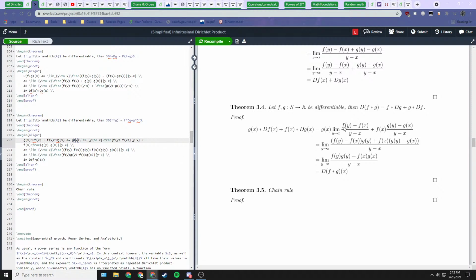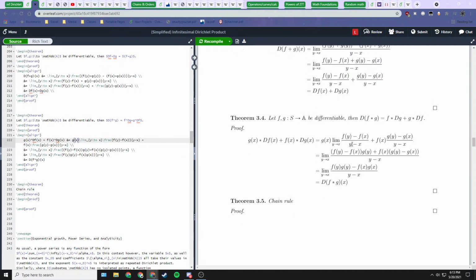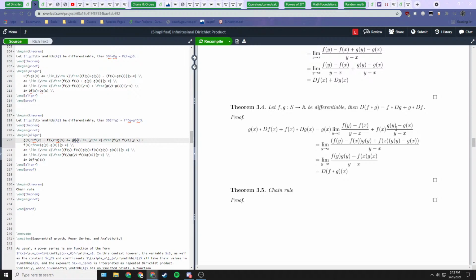Yeah, and that says we have g of x times this limit of y, f of x times this limit of g, and we can add an extra line here. I think it's okay. It's probably okay.